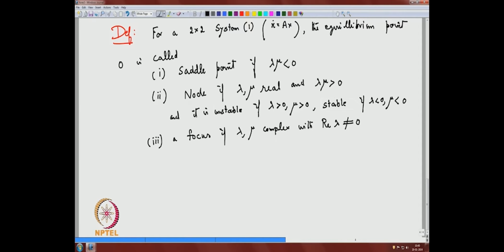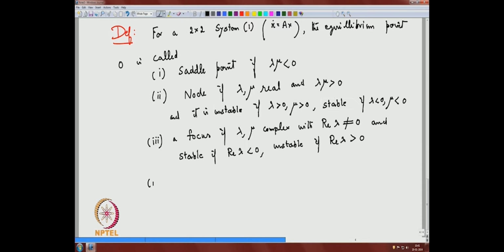That is also a condition. Stable if the real part of lambda is negative, unstable if the real part of lambda is positive.